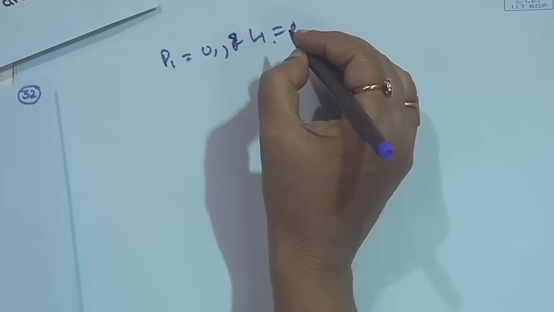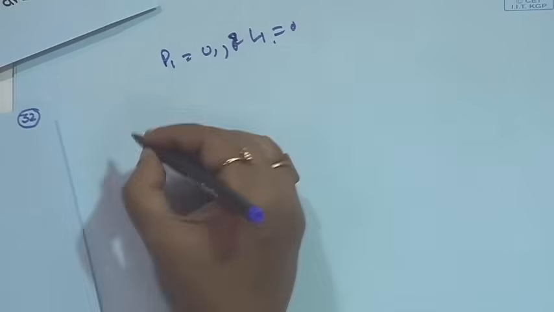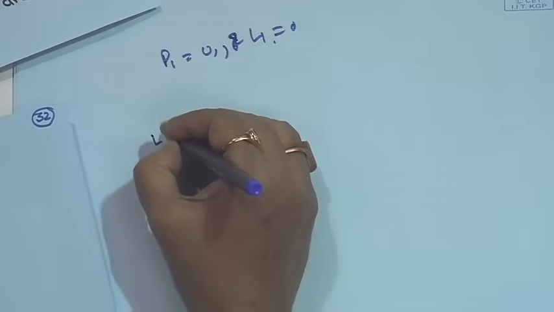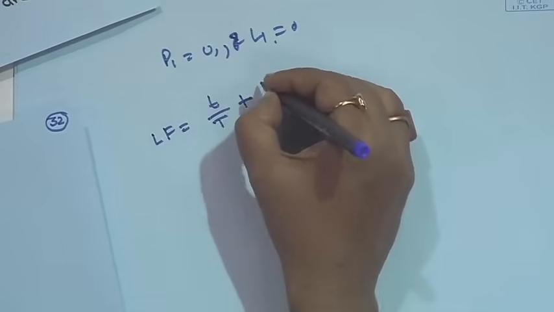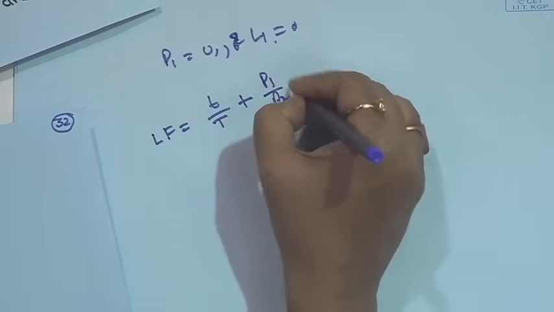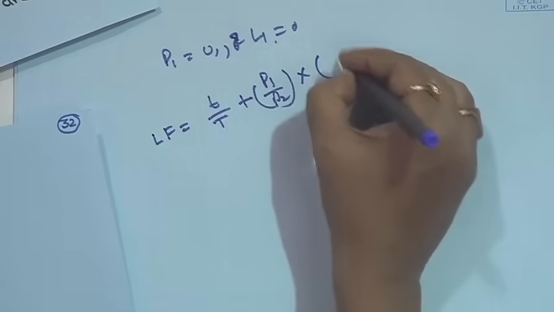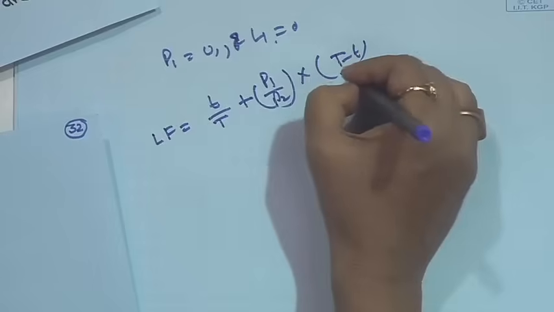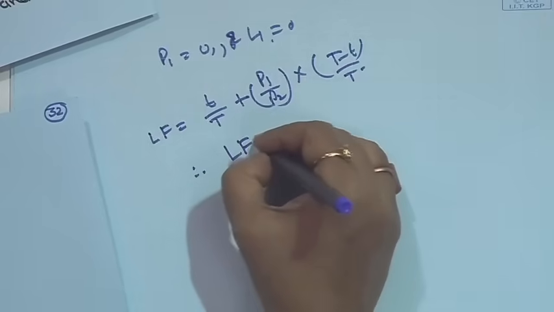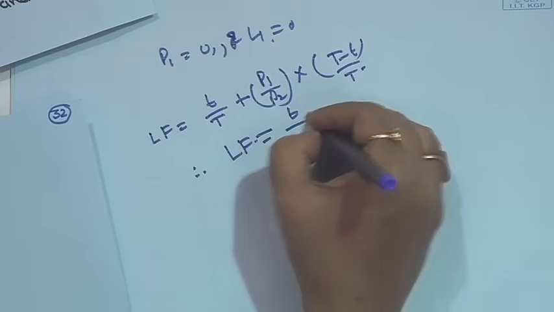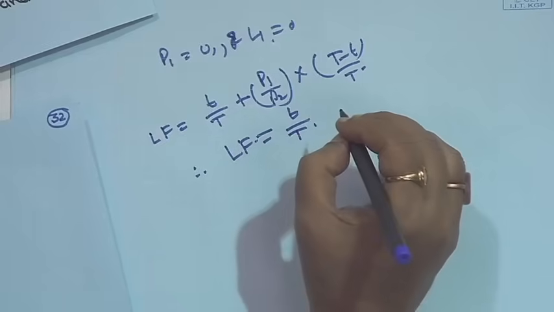Equation 25 is LF equal to small t by capital T plus P1 by P2 into capital T minus small t by capital T. But here P1 is 0, that means LF is equal to small t by capital T.